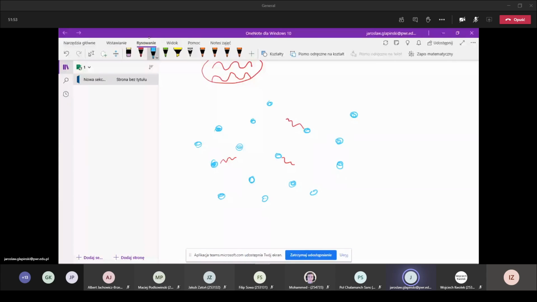So this atom can, for example, emit also this one, then it can move here and emit. So we've got two here.